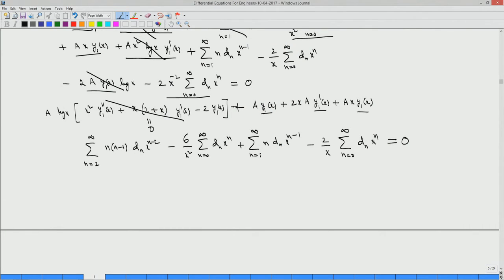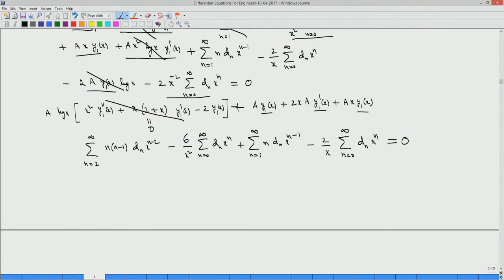Among the 7 terms in the equation, the last 4 terms are series, and in the first 3 terms, if you replace y1 as a series, y1 is a series solution. So you calculate y1 dash, substitute in the first 3 terms, you will see that 7 series together equal 0. So now you expand and make the coefficients of x power n 0, and that will determine all the unknown coefficients, which are a and dn's. Okay, so we can see that.